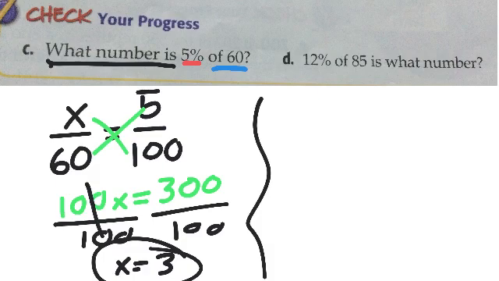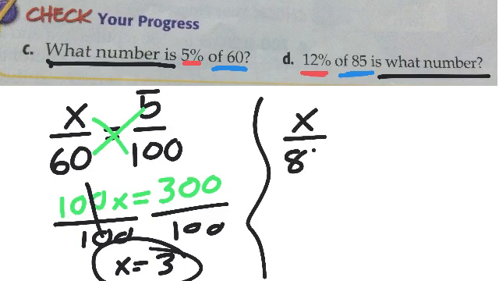Then the second one, I'm looking at 12 is the percentage of 85. And then is what number? So again, I'm missing the is. So when I plug in is over of is 85, equals the percent, which is 12, over 100.